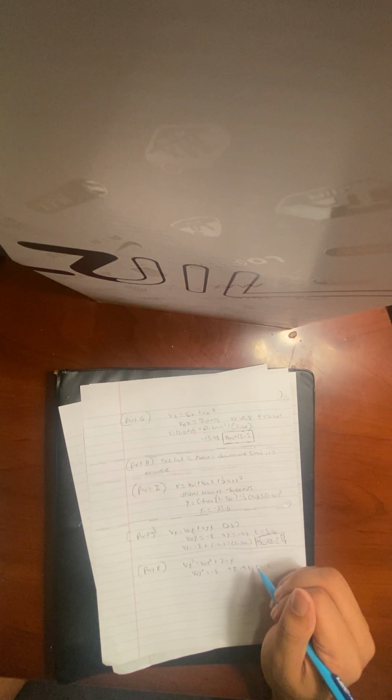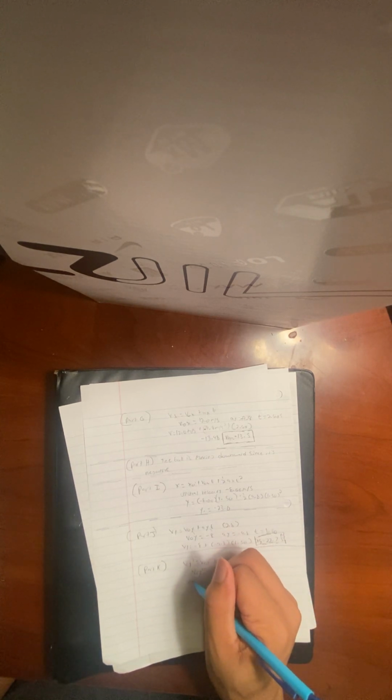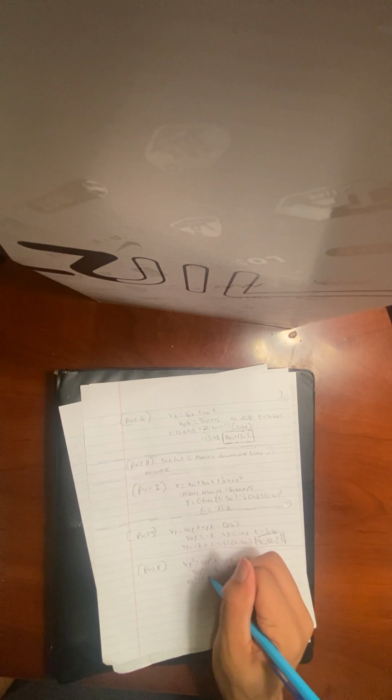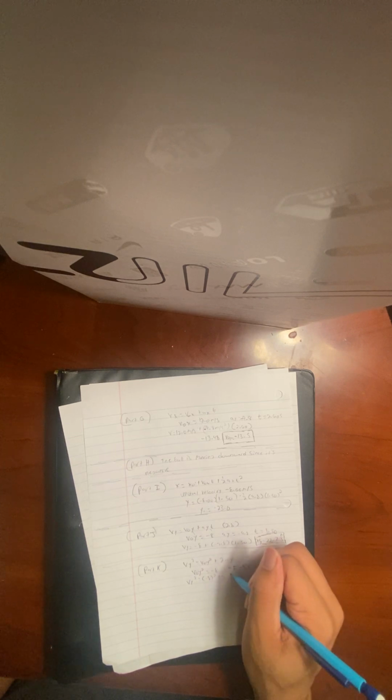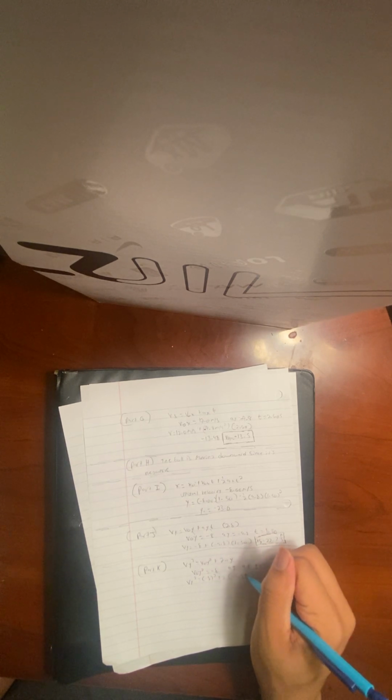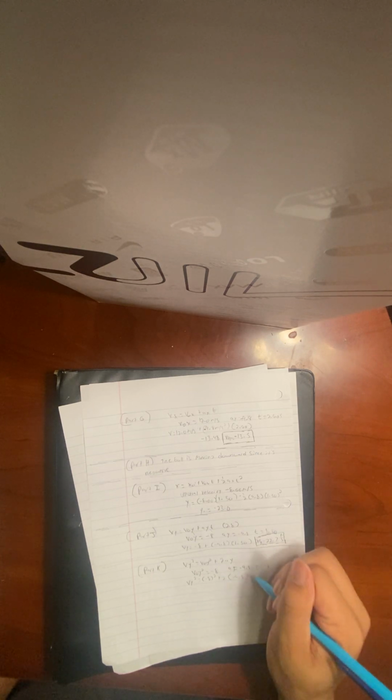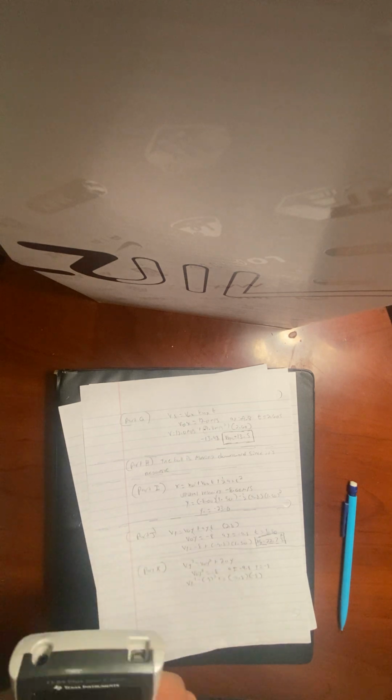So we're just going to plug this in. Vy squared equals -8 squared plus 2 times -9.8 times -8. Then we should solve this and we should get the answer.